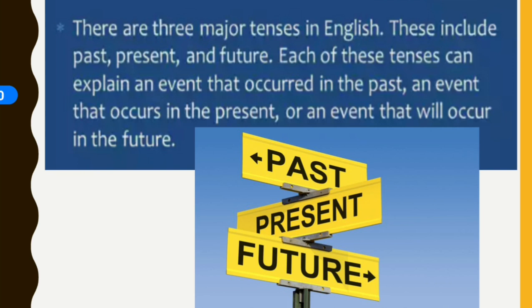Children, there are three major tenses in English. These include past, present, and future.